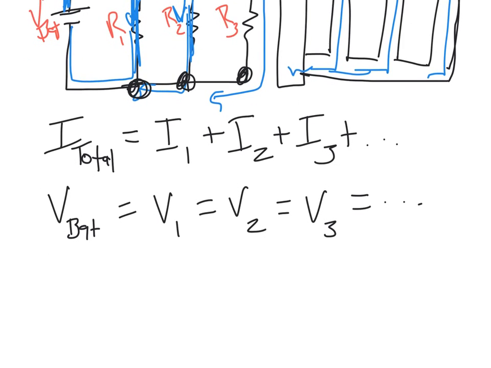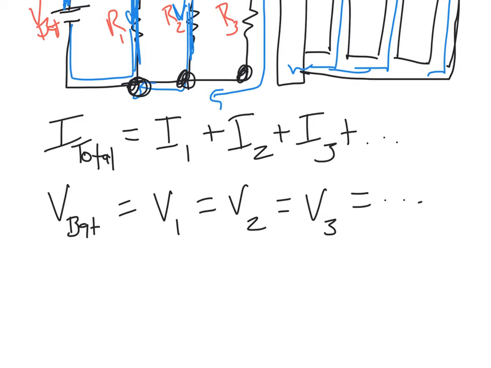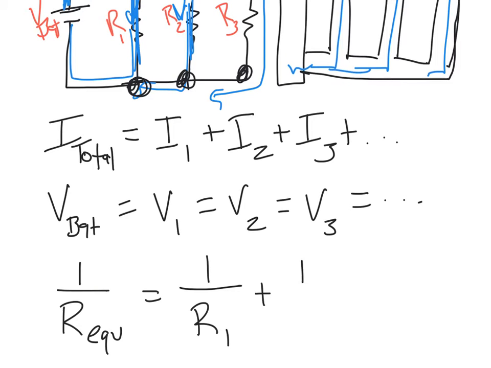And we're not really going to get into where it all comes from, but 1 over the equivalent resistance is equal to 1 over R1 plus 1 over R2 plus 1 over R3. So basically the reciprocal of my equivalent resistance is equal to the sum of the reciprocals. That's the way that you would actually talk about this. So again, that's kind of a funky equation.